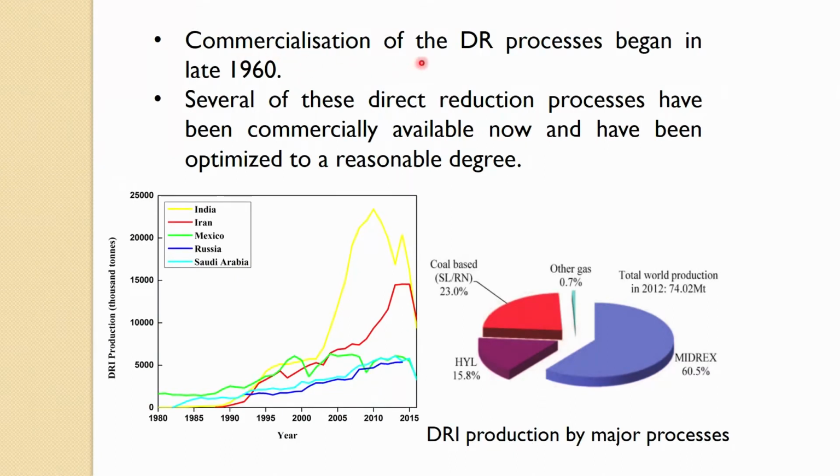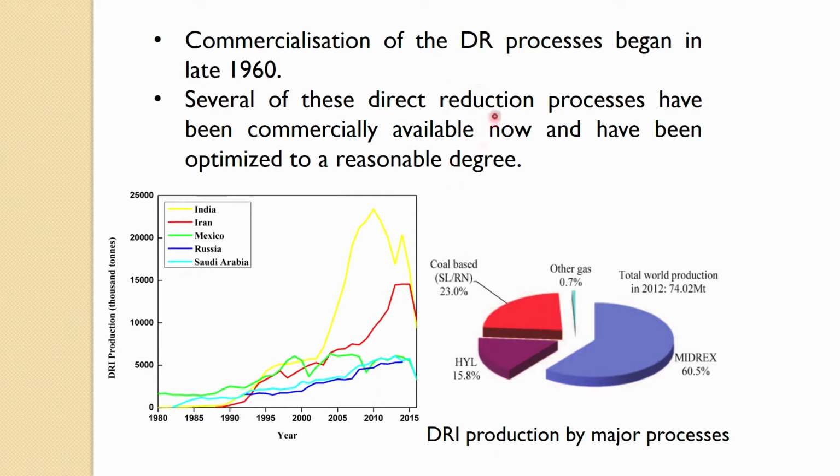So, commercialization of direct reduction processes began in late 1960. So, several of these direct reduction processes have been commercially available now, and have been optimized to a reasonable degree. So many processes started with that, and this is now quite old technology, reasonably optimized and understood.